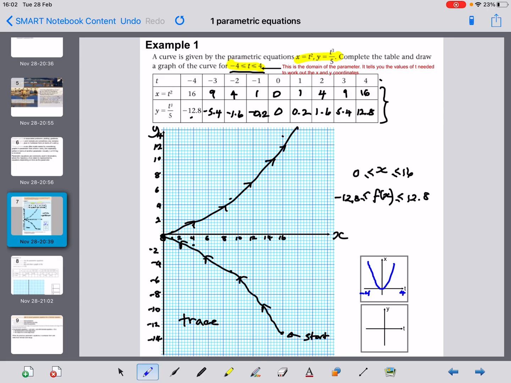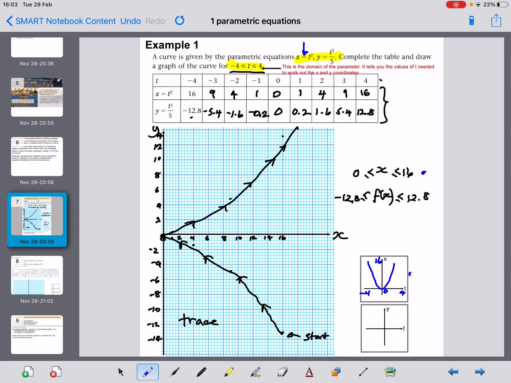So where t is between -4 and 4, x is between 0 and 16. The range of this little graph here is from 0 to 16. So this here relates to the range of the x parametric equation. So the domain of the graph that has been produced is actually the range of this first Cartesian equation.